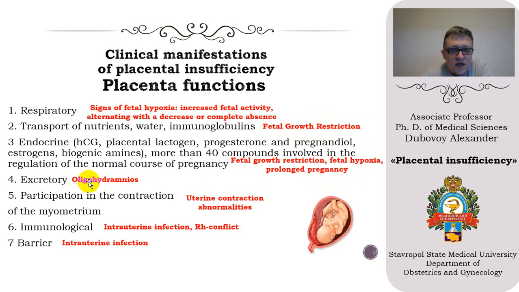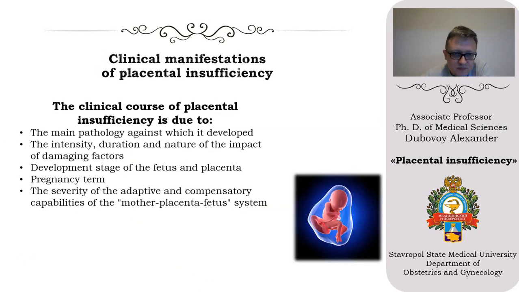Excretory function: oligohydramnios. Participation in the contractions of the myometrium in labor: uterine contraction abnormalities, or maybe atonic or hypotonic bleeding in the early postpartum period. Immunological functions: intrauterine infection, rhesus conflict. Barrier function: intrauterine infection.